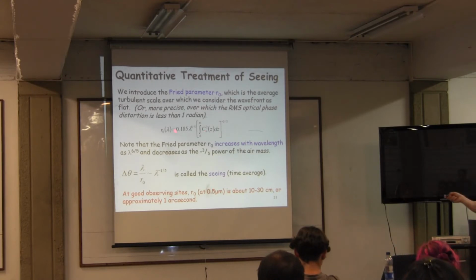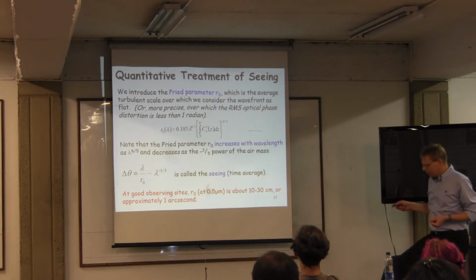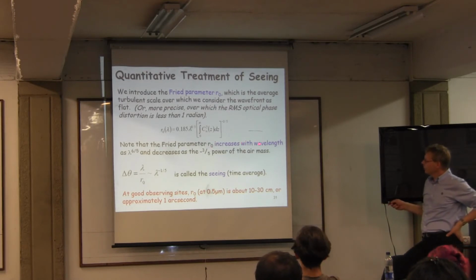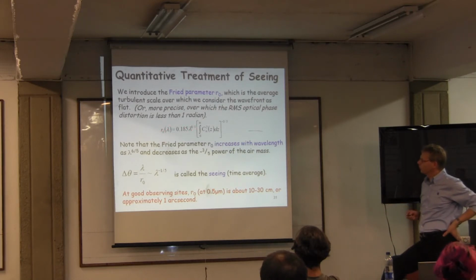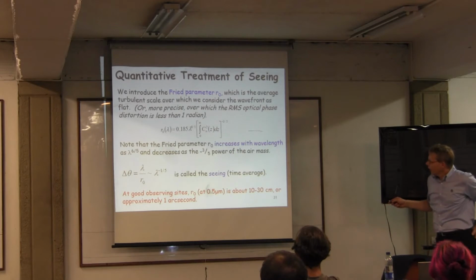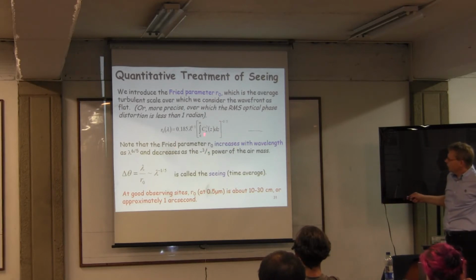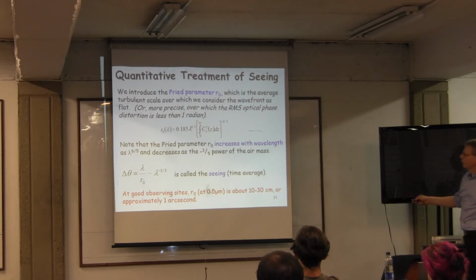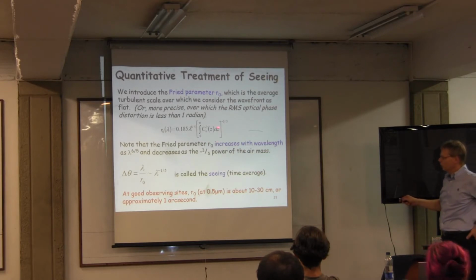What is important to take away from this formula is that the value increases with wavelength: R naught is proportional to lambda to the 6/5 power. And it decreases as the minus 3/5 power of the air mass, because this one depends on the air mass, as you can see a couple of slides back.